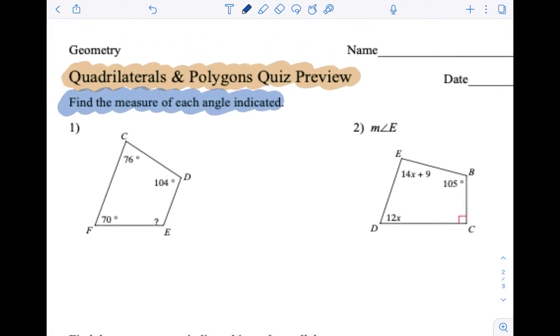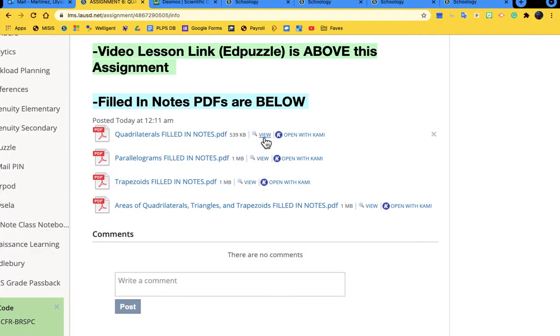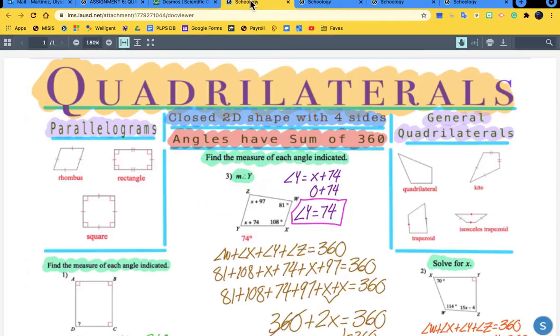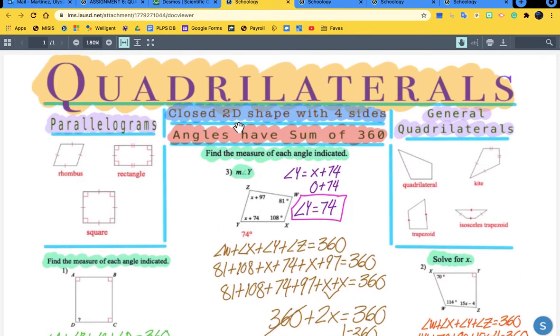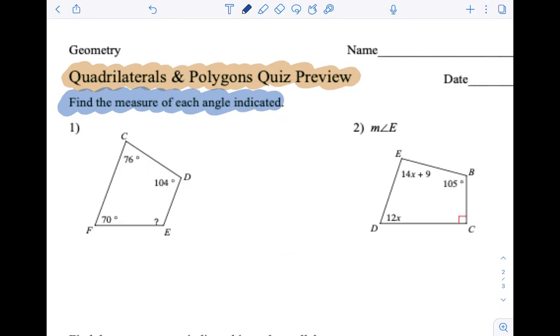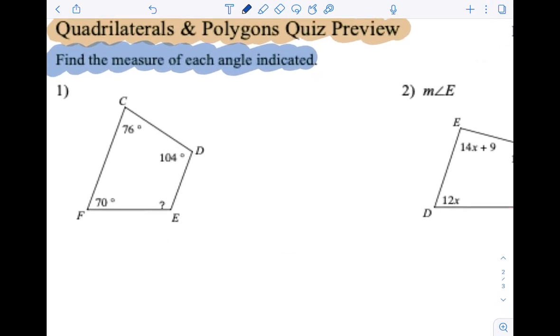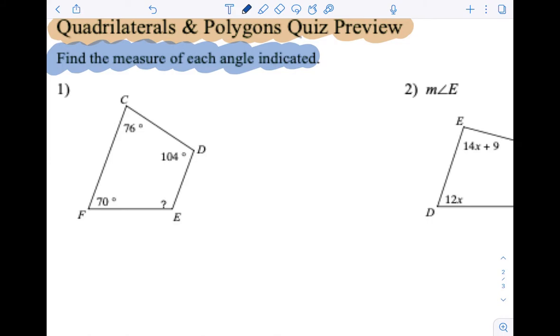So I'm going to go back and look at my notes for quadrilaterals, which I've already opened to save some time. The notes say the angles have a sum of 360 degrees. So if you add up all the angles, they add up to 360.